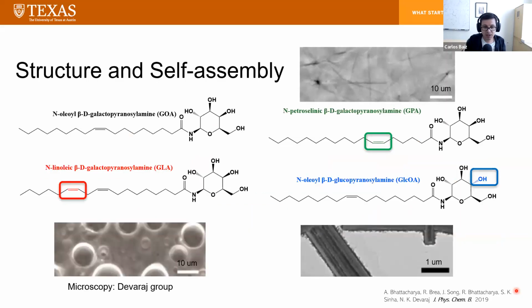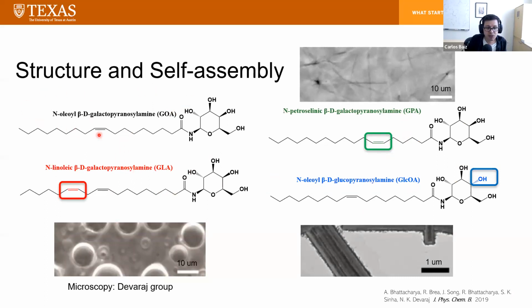Now, in the context of artificial lipids, we have decided to study these glycolipids that the Devaraj group has been making. These are purely synthetic lipids. And one of the interesting things is that depending on the unsaturation of the tail, you can get quite different phases. So here I have 4 different lipids that were made by the Devaraj group.